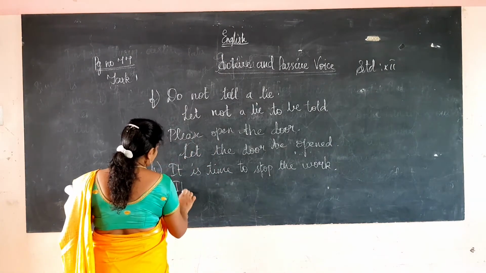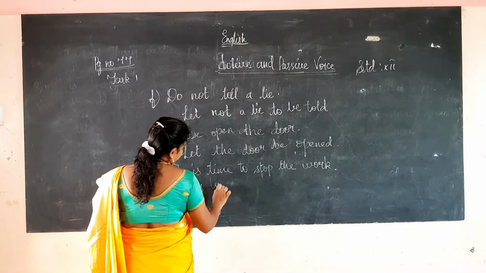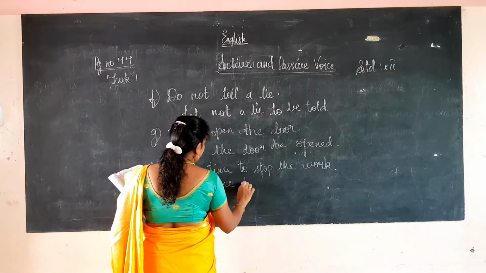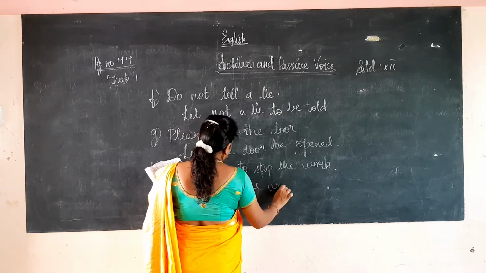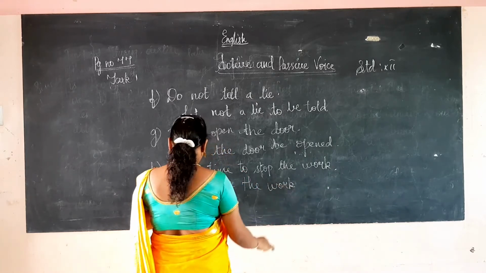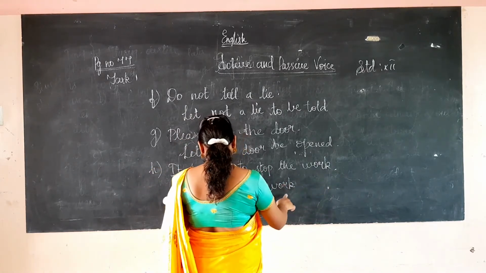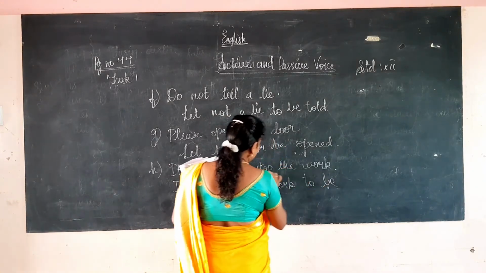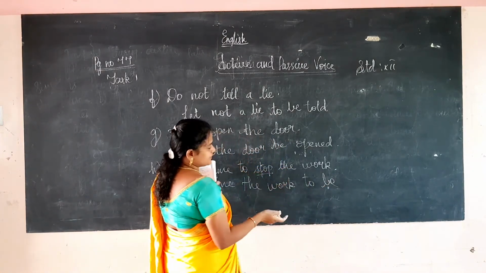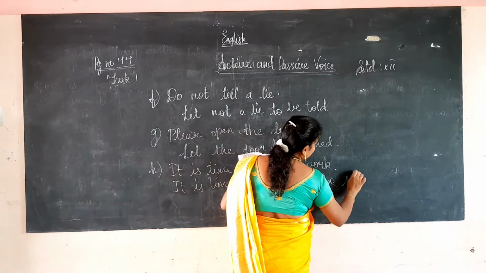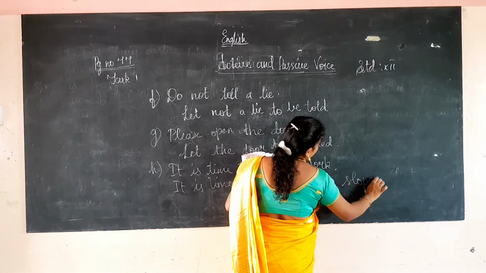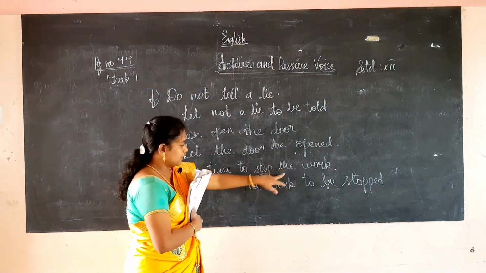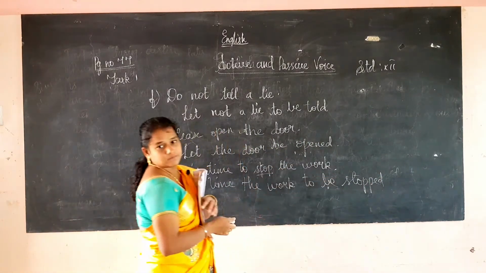So, we will write, it is time. This is the object, the work, so we have to take the work here, to be, and then stop will change into stopped, to be stopped. So, it is time the work to be stopped.